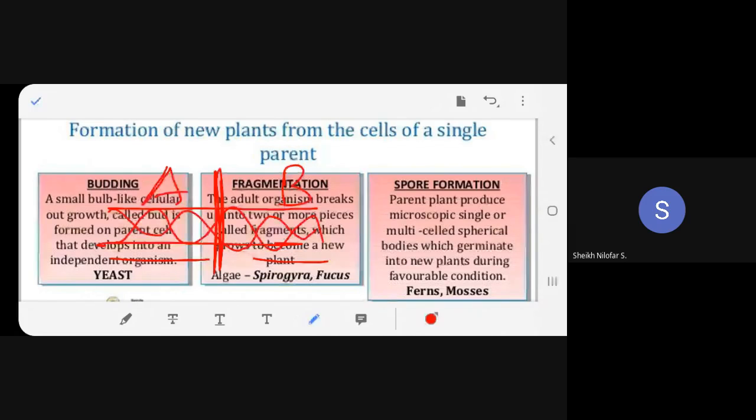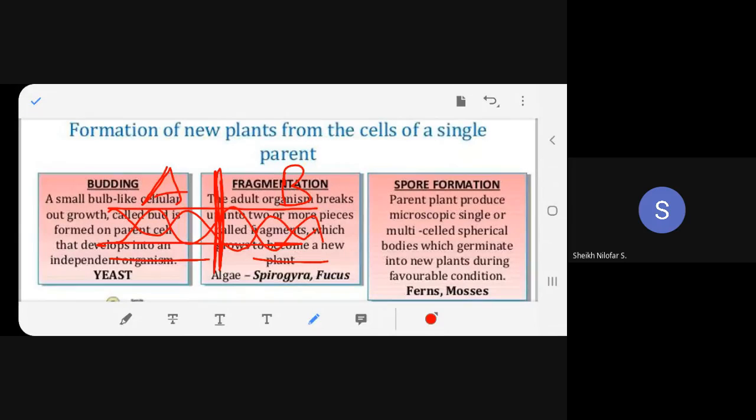From one piece, I will get two pieces, two individuals. That is called fragmentation. It is breaking apart, so it breaks and becomes two matured organisms. So when an adult organism breaks into two pieces, these pieces become a new adult plant.